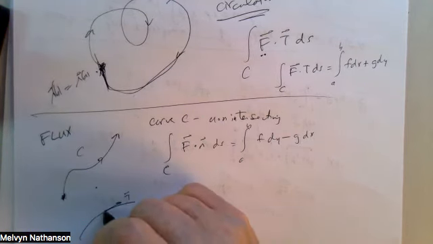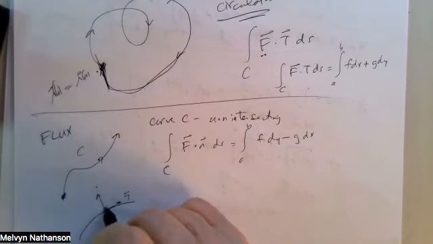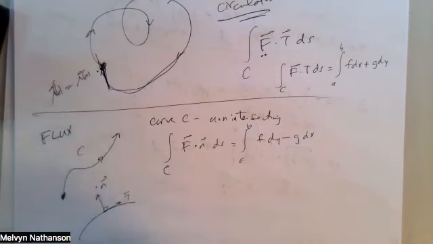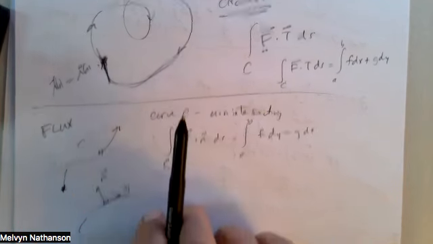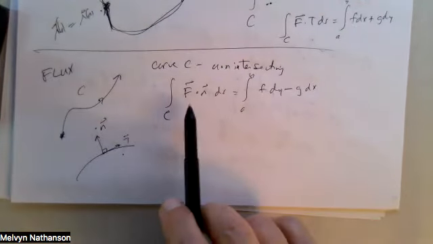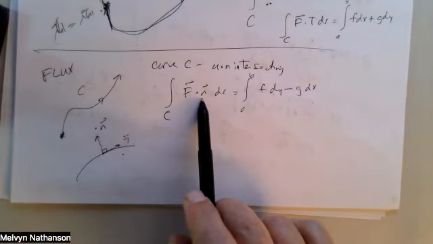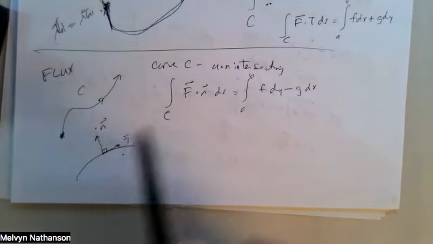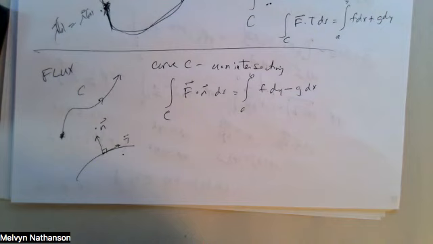But I want a unit vector perpendicular to the tangent vector. And that normal vector is n. So at every point on the curve, you want to find a unit vector perpendicular or normal to the tangent vector. And the integral of f dot n ds is what is called the flux.